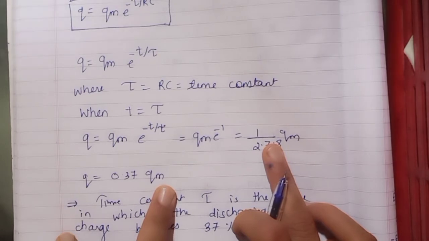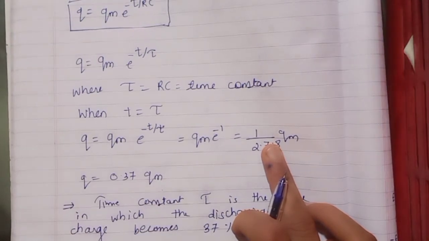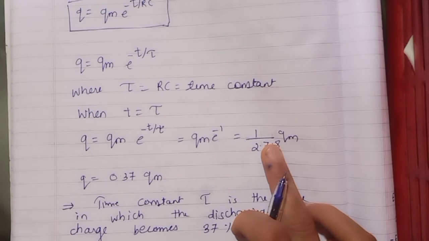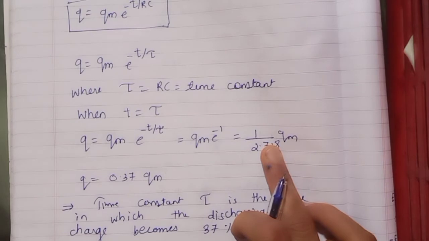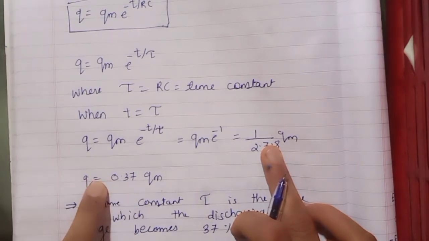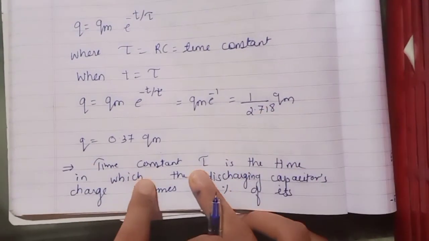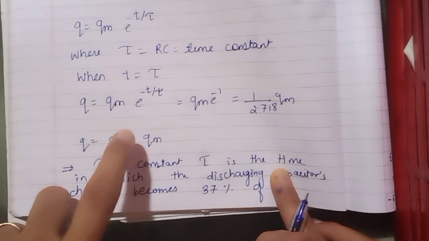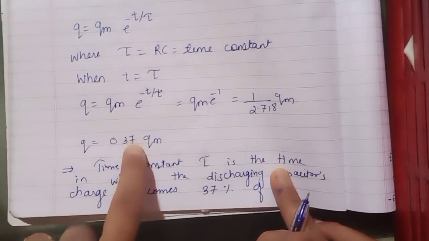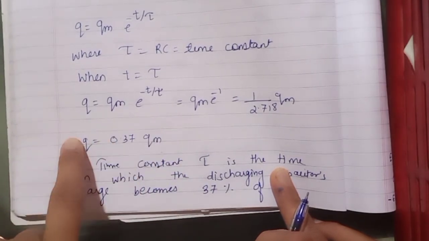Now you must remember that in charging of a capacitor also we defined the time constant. There we defined the time constant as the time required for a capacitor to charge to 63% of its final value. In a similar fashion, we can define the time constant for the discharging circuit: the time constant tau is the time in which the discharging capacitor's charge becomes 37% of its initial value.